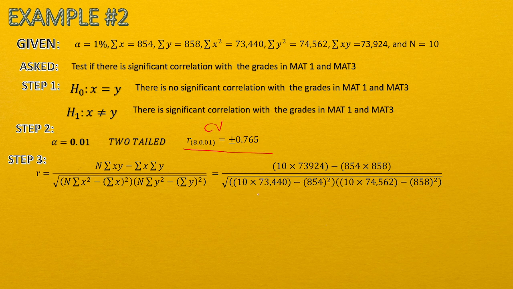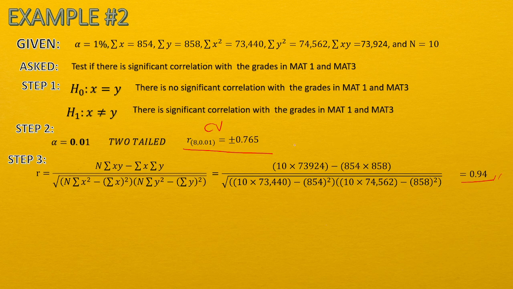Okay, we have 10 times 73,440 minus 854 squared multiplied by 10 times 74,562 minus 858 squared. Kapag sinolve natin to class using our scientific calculator, we will get 0.939, parang ganun siya. Okay, pag ni-round off natin, we will get 0.94 na lang.